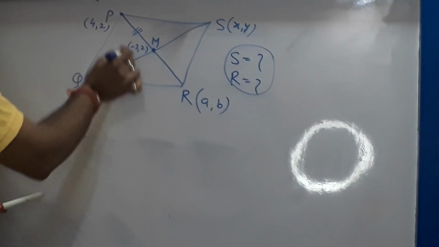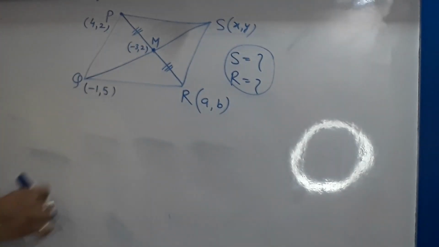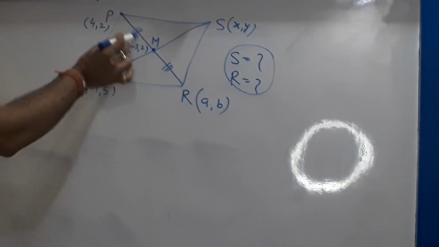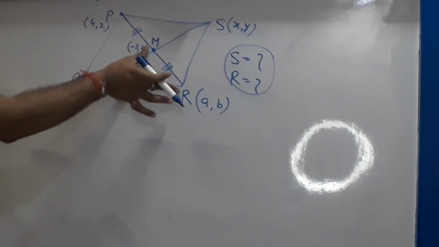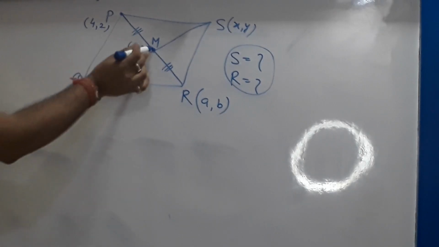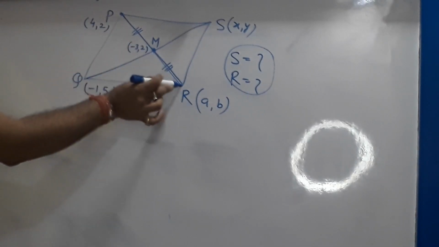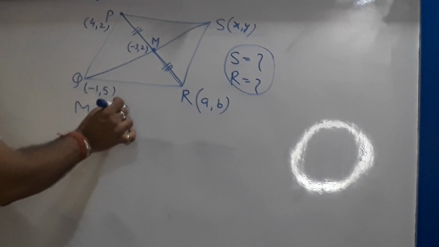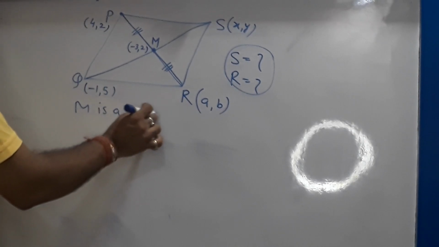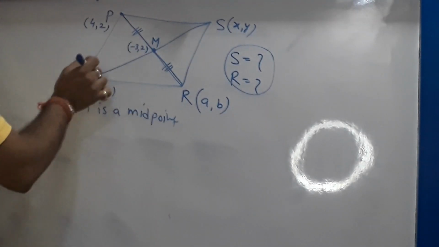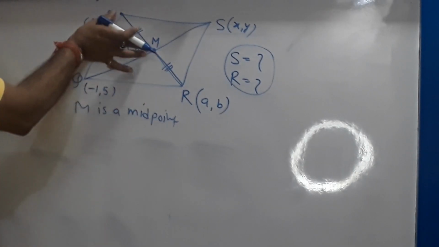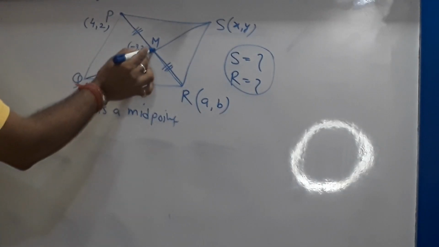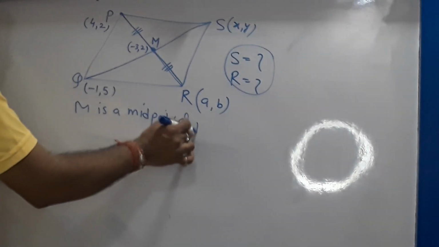So PM is equal to MR. That means M is the midpoint of PR, because this diagonal bisects this one, so this length is equal to this length.